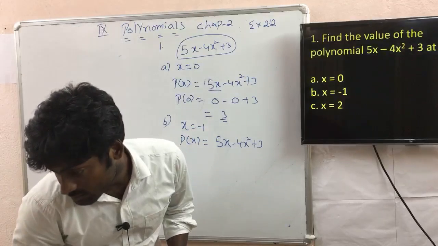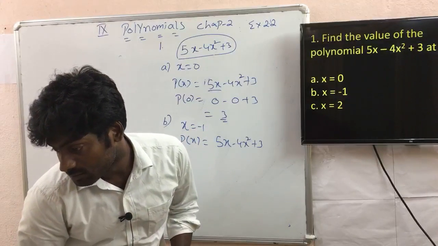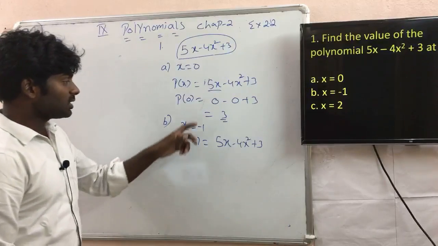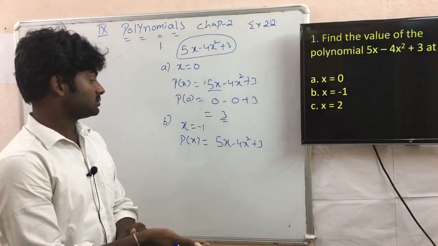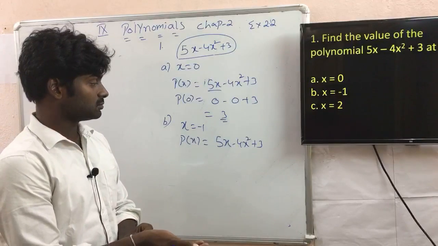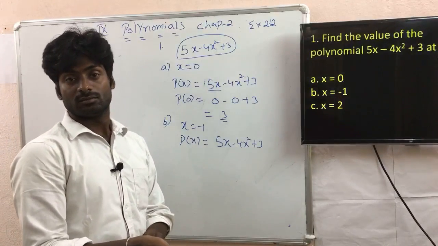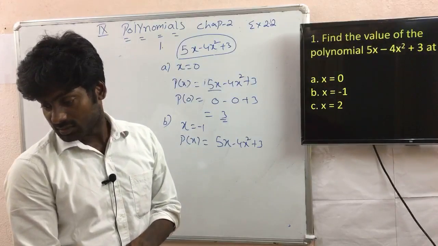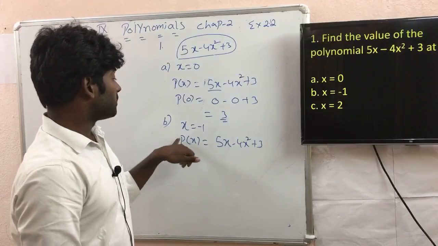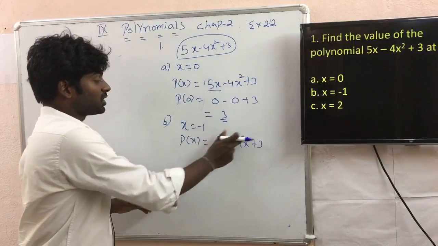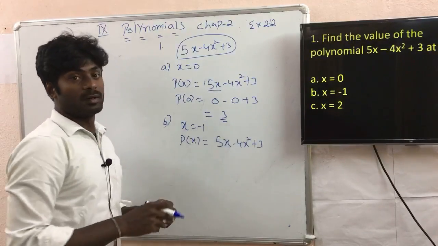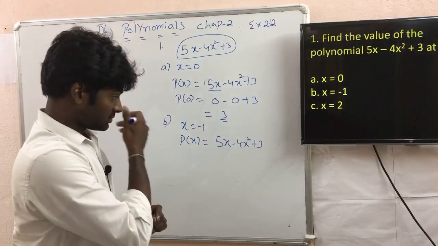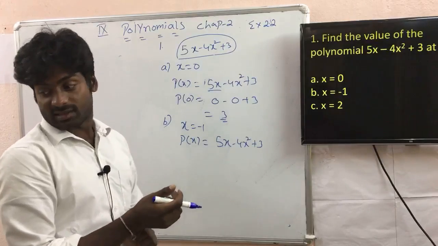Check once again your answer, Shivam. Do it properly. You have to place x equal to minus 1 in the given polynomial and find the value of the polynomial. Yes, minus 6 is the correct answer.